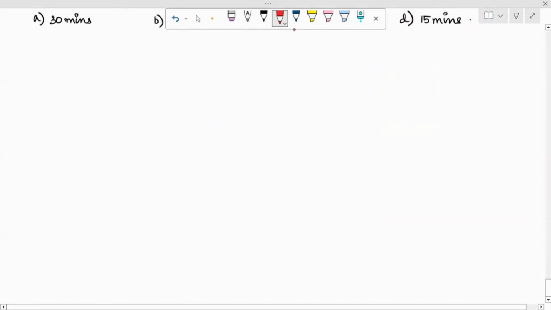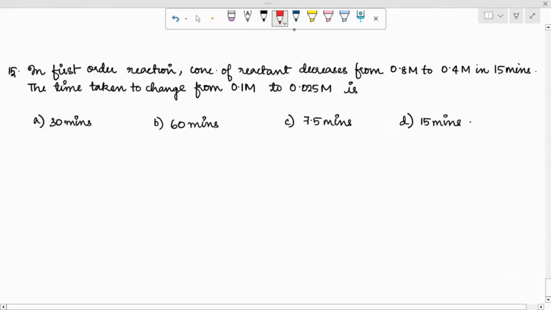Okay. I think this is the last question. In the first order reaction, concentration of the reactant decreases from 0.8 to 0.4 in 15 minutes. The time taken from 0.1 to 0.025 is. Again, I would like to go with the shortcut. You can use the other way as well.